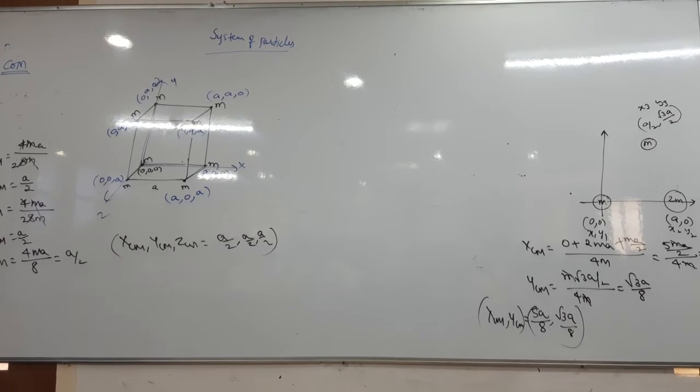That center point will be at half of the length, half of the height and half of the breadth, that is at A by 2, A by 2, A by 2.